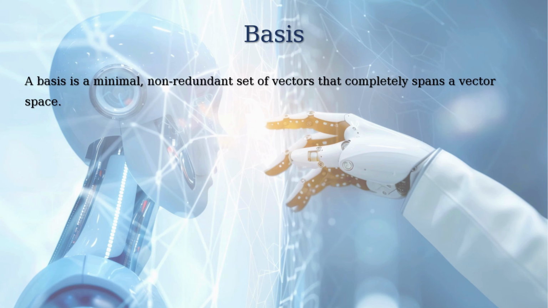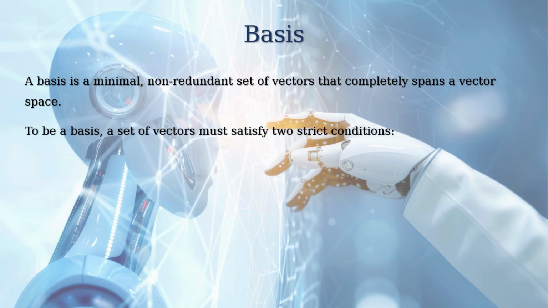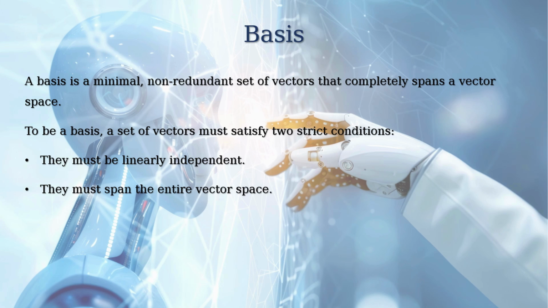What is a basis? A basis is a minimal, non-redundant set of vectors that completely spans a vector space. To be a basis, a set of vectors must satisfy two strict conditions. They must be linearly independent and they must span the entire vector space.